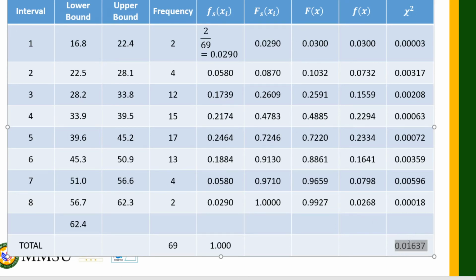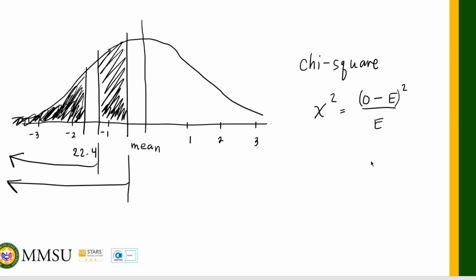Ngayon, paano natin malalaman kung pasado o hindi using the chi-square? Meron kasi tayong tinatawag na critical chi-square. The critical chi-square can be solved using Excel ulit.